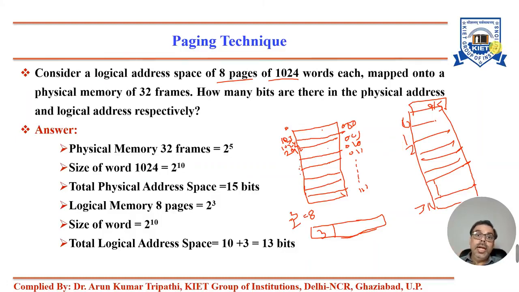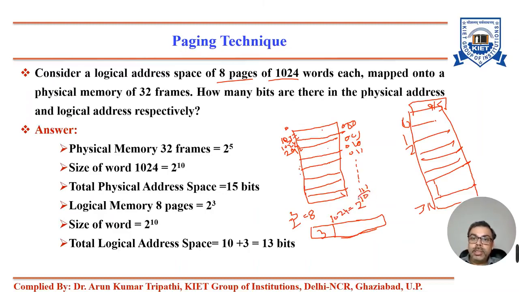Now, in each page there are 1024 words. That means it is just like 1024 lines. So to represent 1024 lines, we require 2 to the power 10. 1024 can be represented as 2 to the power 10.